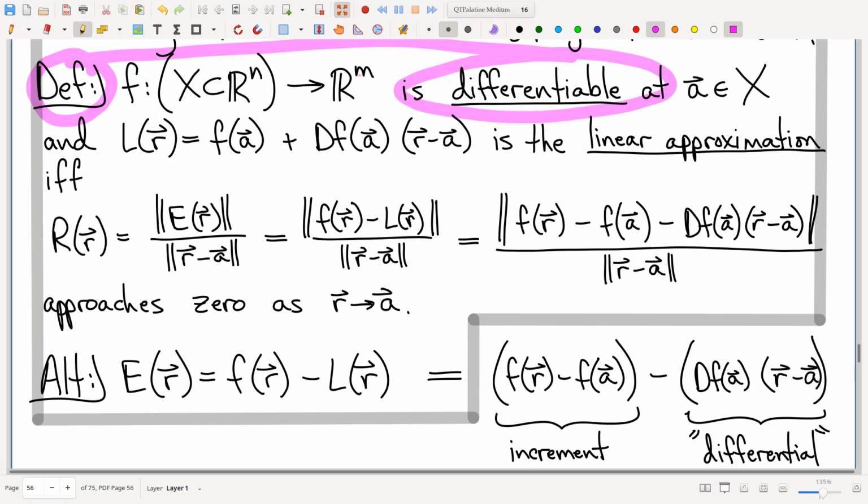You'll notice it's nowhere near as easy to define as it is in single variable. Right? In single variable, a function is differentiable if you can differentiate it. As simple as that. Not much of a story in single variable. It's a much more sophisticated, non-trivial story in multivariable.